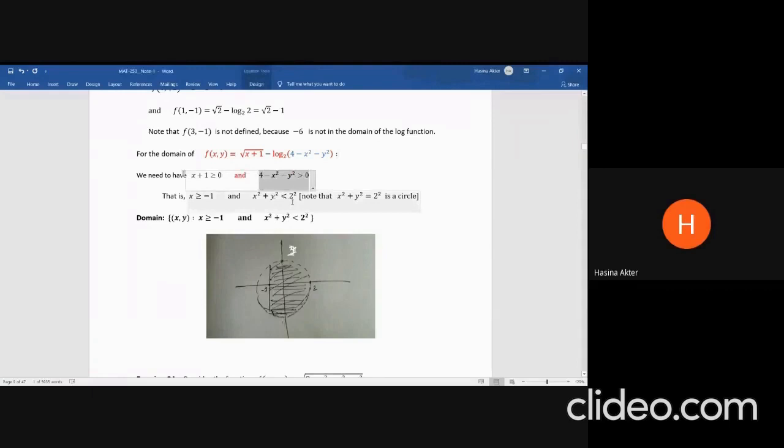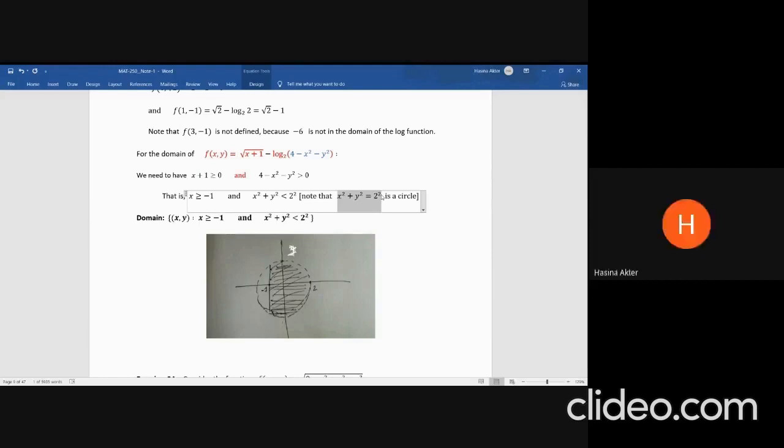Then you can ask why I'm not writing 4 is greater than x squared plus y squared: because we are trying to match the form of the equation of a circle, x squared plus y squared equals r squared. That gives us points on a circle around the center 0, 0 at radius distance 2.